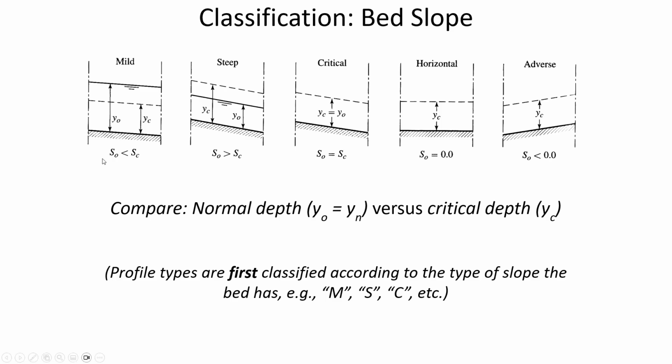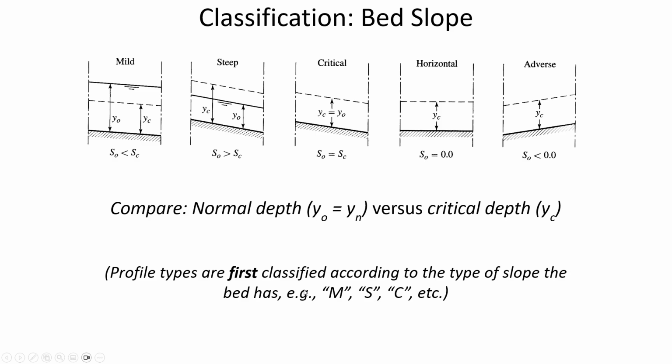So the first way of classifying the water surface profile, and it's almost guaranteed you'll get a question on the exam where I ask you to classify the water surface profile. I don't want to make any guarantees just because I'm so forgetful. But probably you'll have a water surface profile classification problem.